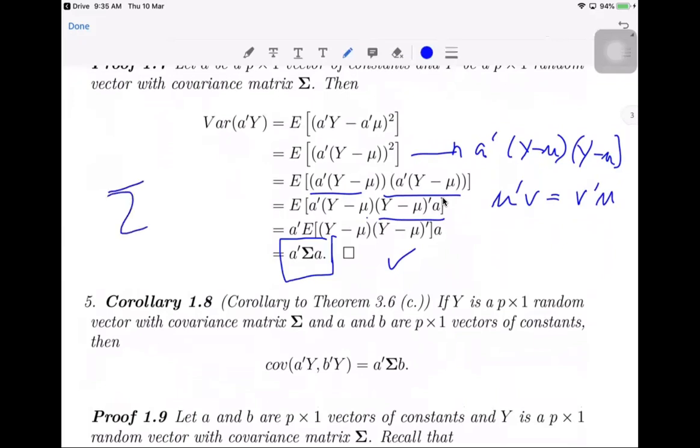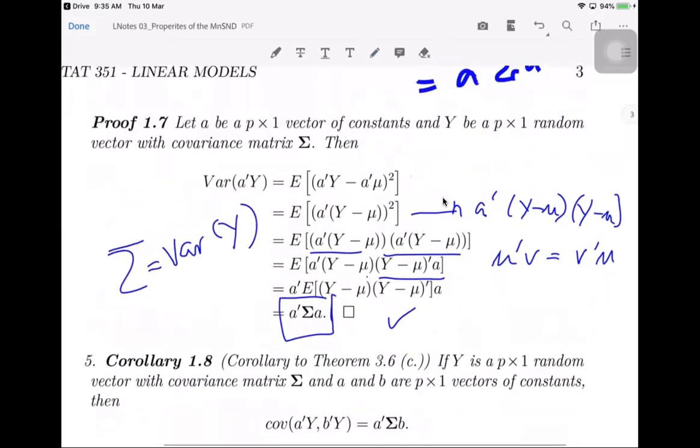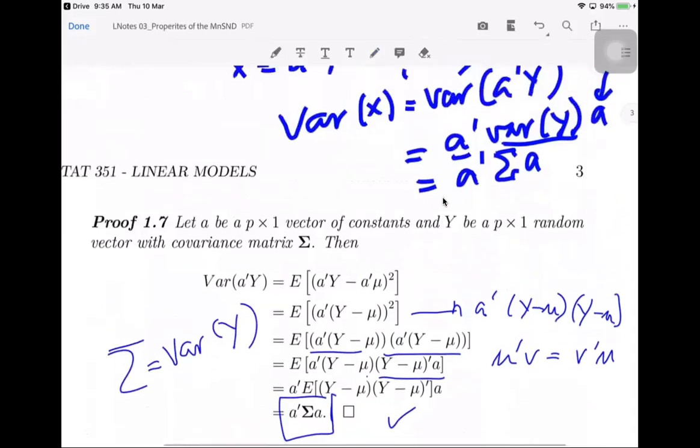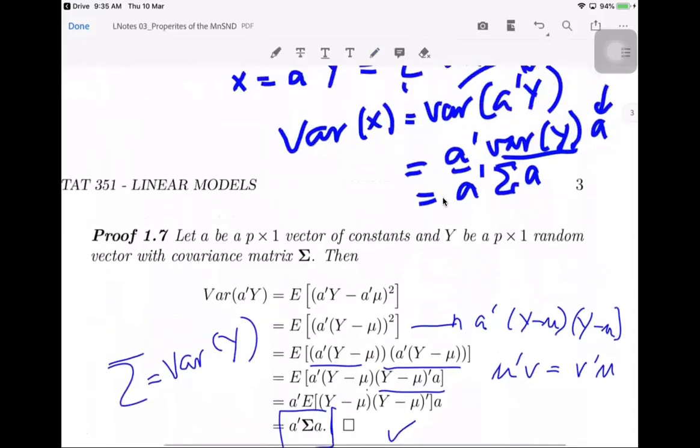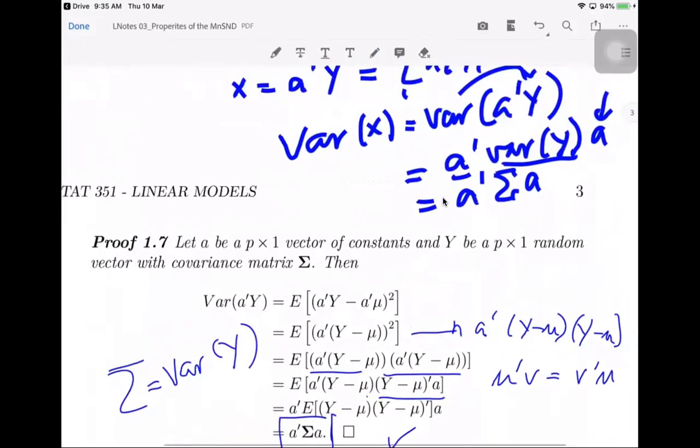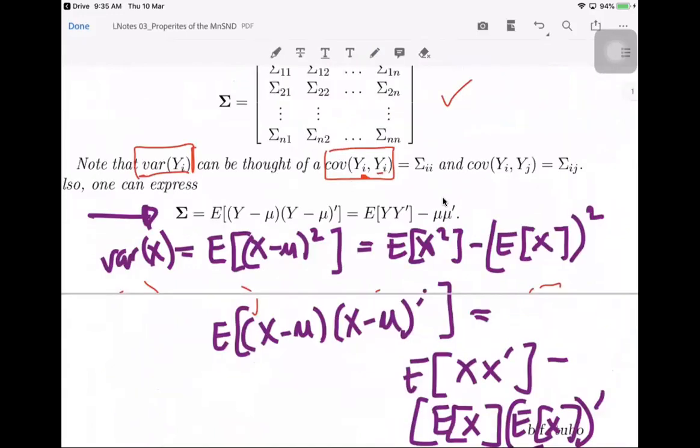We denote sigma as the variance of Y. Okay, sir. It is no longer summation, it is sigma. Okay. Thank you, ma'am.